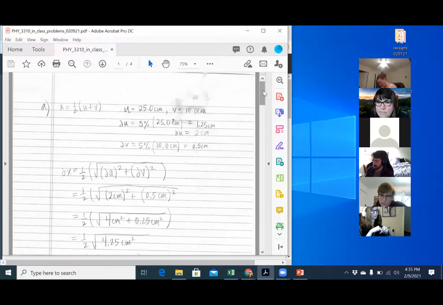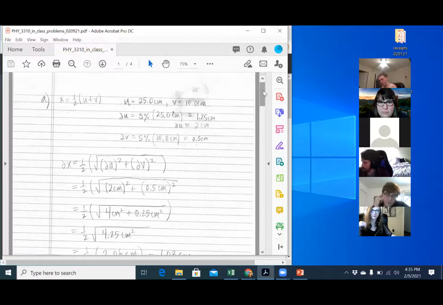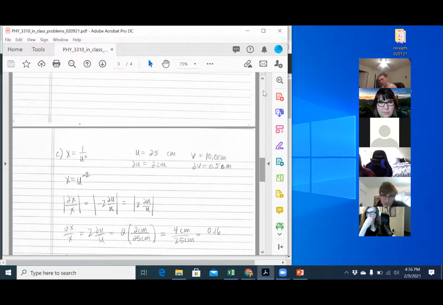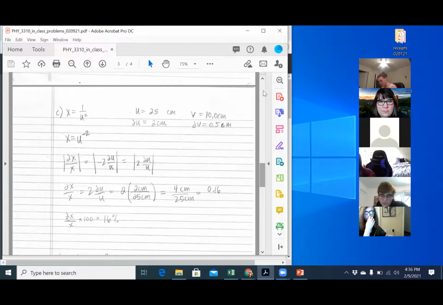So I'm sorry, I'm still a little bit confused. What I did was just put 0.05 as the fractional uncertainty for U inside the absolute value and just multiplied that by 2. So then it's just 0.1, so then it's 10%. I'm confused why that's not right.